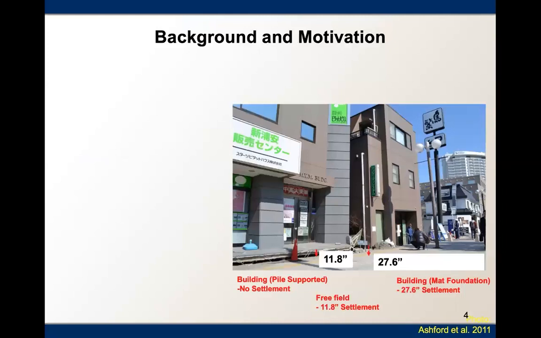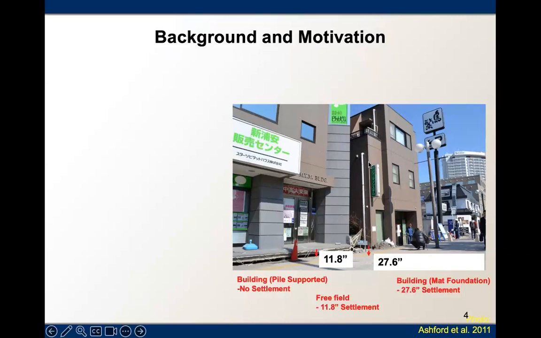This is a photo from the recent earthquake in Japan, the Tohoku earthquake, magnitude 9. You can see a multi-story building on the left of the photo, sitting on pile foundations, did not suffer from any settlement as a result of extensive liquefaction in that area, whereas the surrounding ground settled about 12 inches as a result of widespread liquefaction.